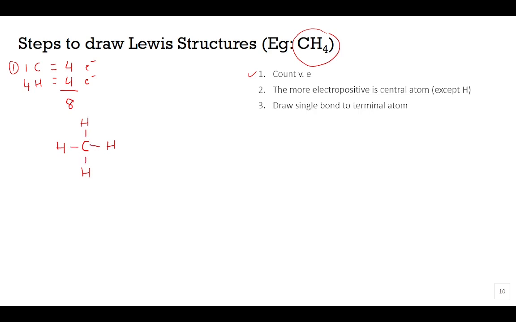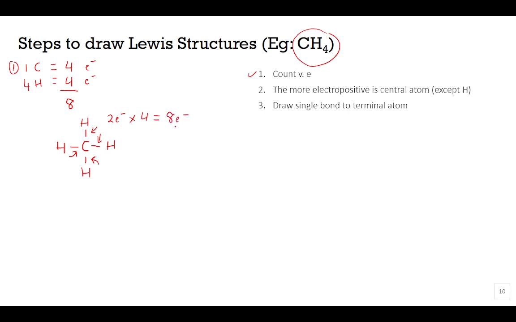Now what you need to do is count how many electrons are used. This is a bonding pair, right? And each bonding pair has 2 electrons. There are 4 bonding pairs, so 4 times 2. How many electrons have been used? 8 total electrons.